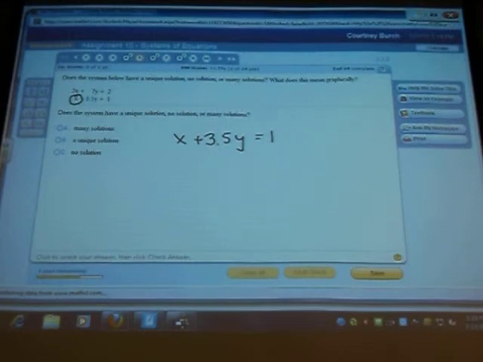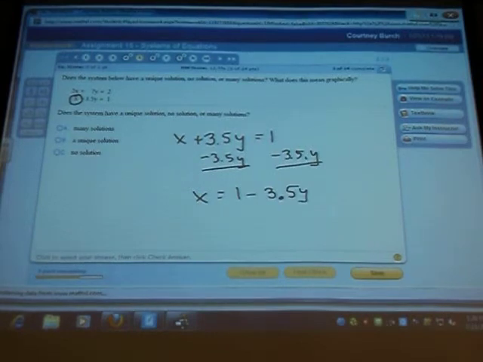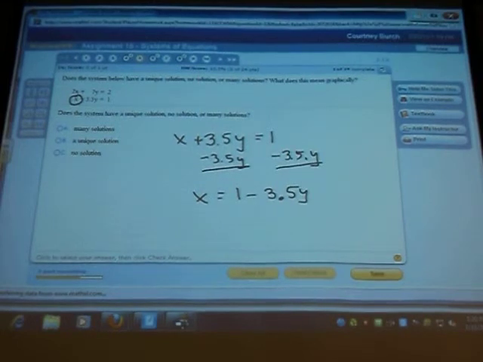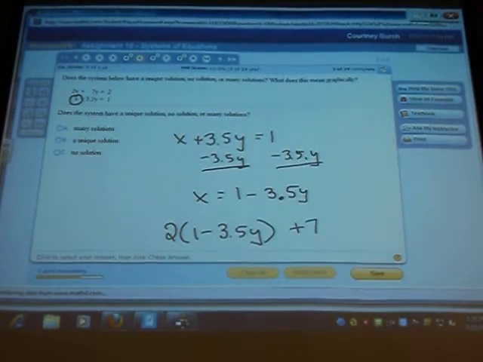Okay, so if I try to solve the second equation for x, I need to subtract 3.5y from both sides. So I get x equals 1 minus 3.5y. Then I'm going to plug that into my other equation in place of x. So instead of 2x, I have 2 times (1 minus 3.5y) plus 7y equals 2.